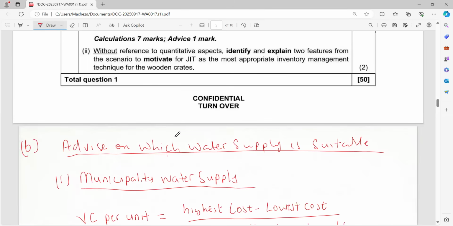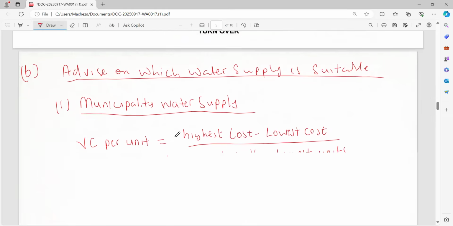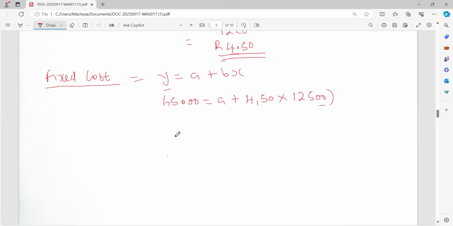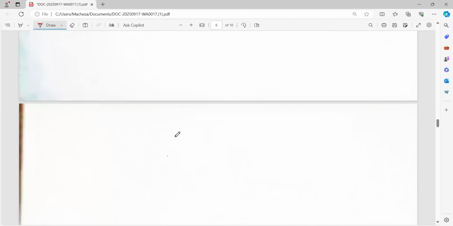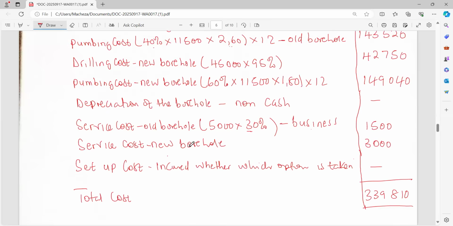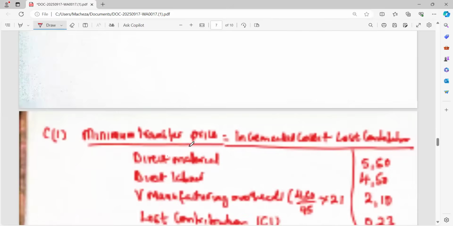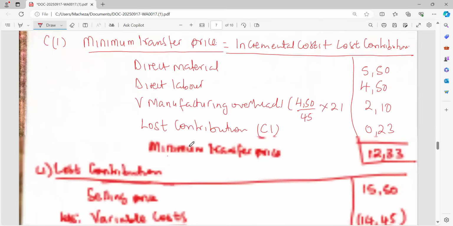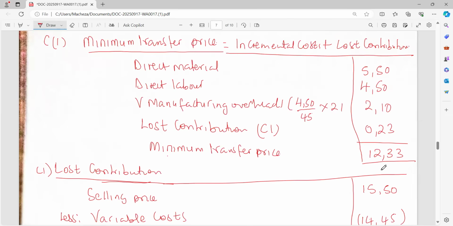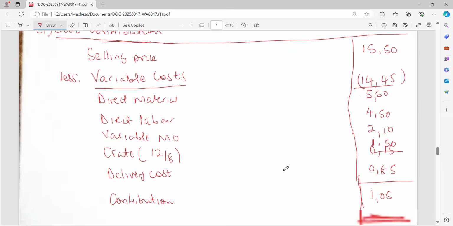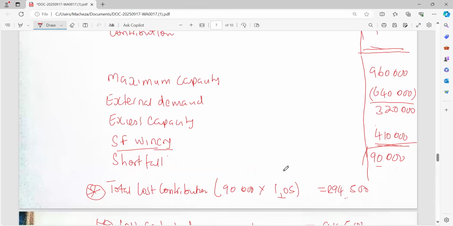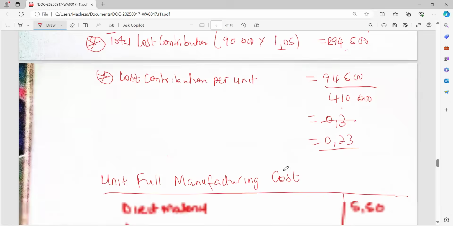So which means the minimum transfer price should not be the recommended one. Because if you check our answer here, this is our minimum transfer price, and this is our full cost.